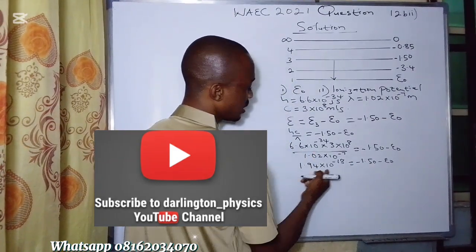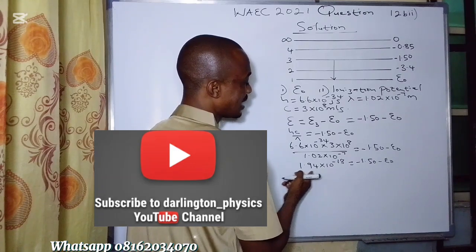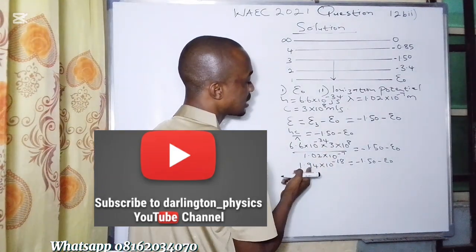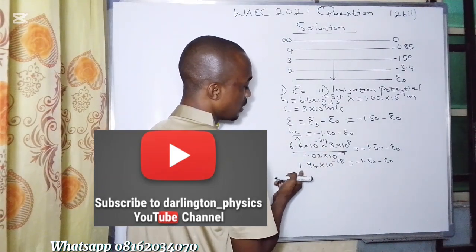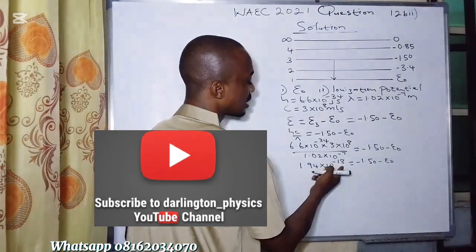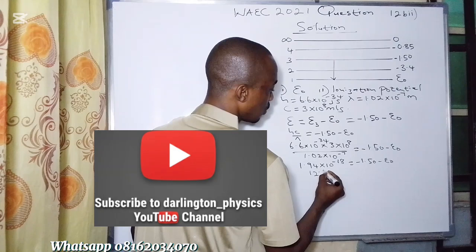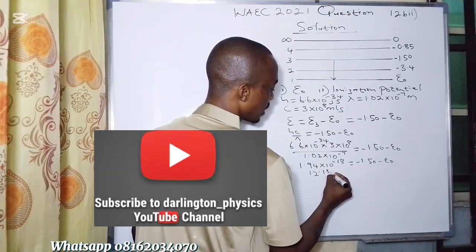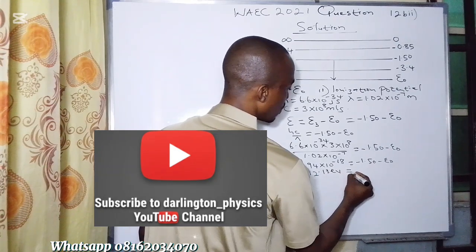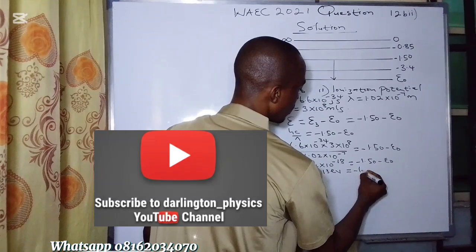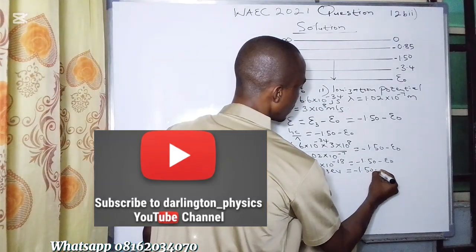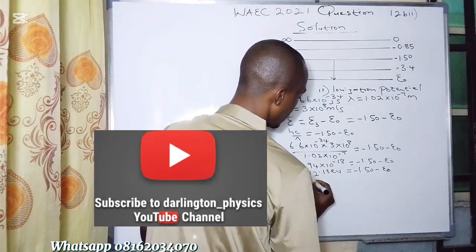If you convert this to electron volts by dividing by 1.6 times 10 raised to the power of negative 19, you're going to get 12.13 eV is equal to negative 1.5 minus E0. So what will E0 be?